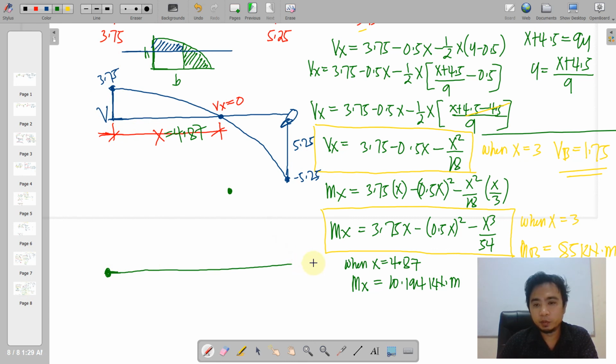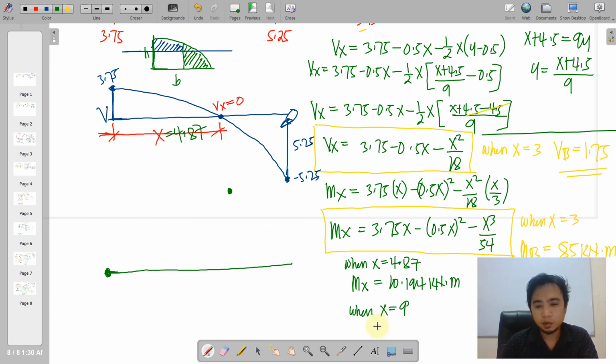And then if you might wonder what will be the final value here, what we do is just substitute x is equal to 9 and it should be equal to 0, okay, because the moment diagram always yields to 0 or closest to 0.